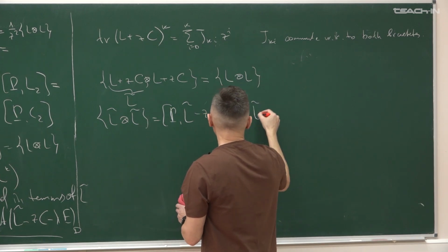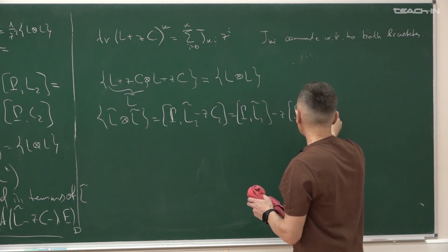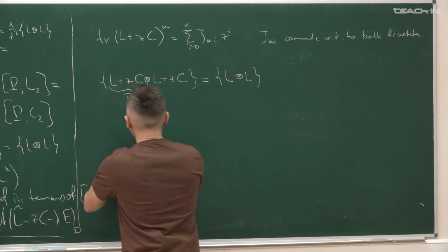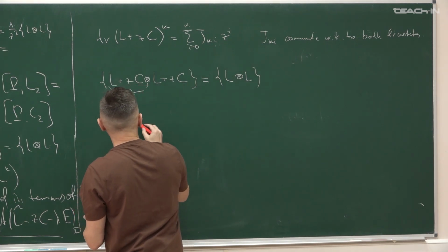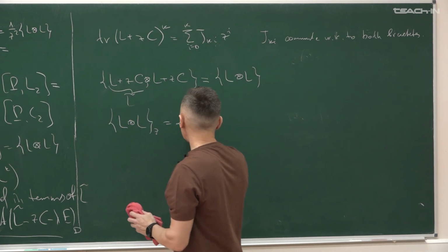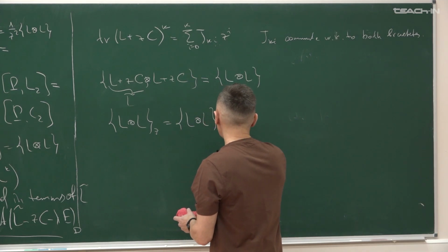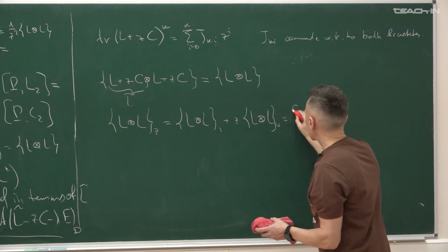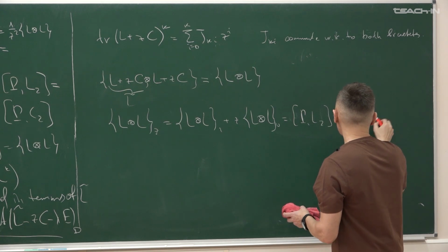So let me go differently. So we have the Poisson bracket of L(z), which is the standard one plus z times zero, which is P L2 plus z P C2.